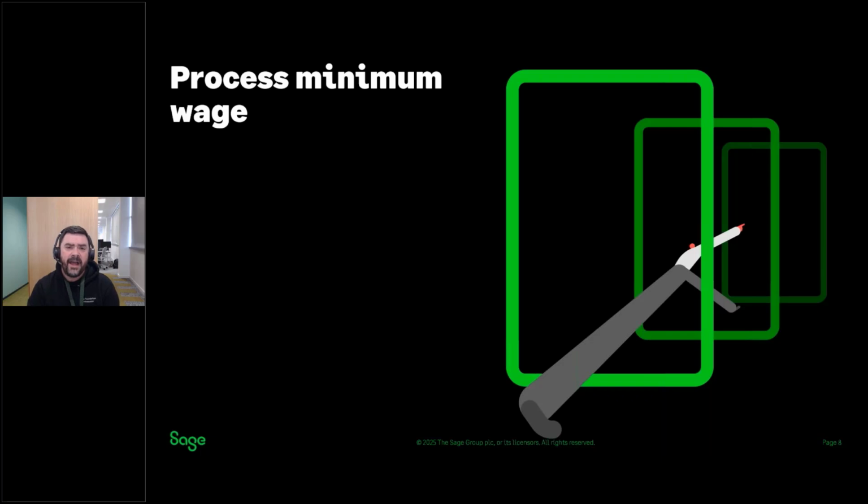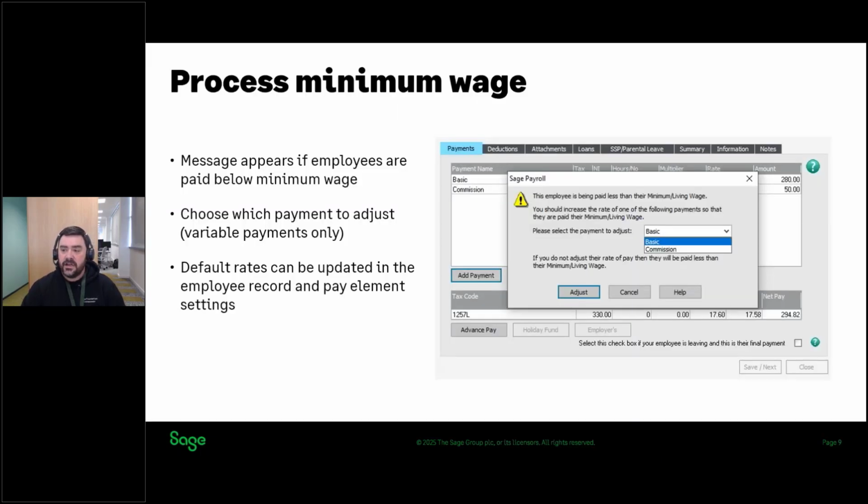Now, if you've set your pay elements up to be fixed payments, where the rates are fixed within the employee records, you'll still see a prompt telling you if they're being paid below the minimum wage, but you wouldn't be able to make any adjustments. The adjustments can only be made automatically for variable payments. So this is the message that would pop up if employees are paid below the minimum wage.